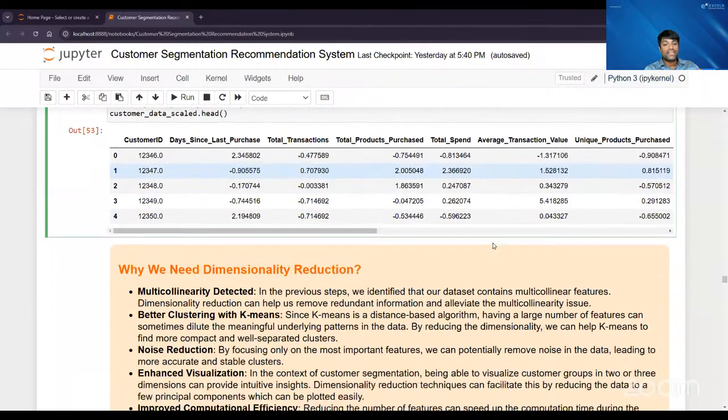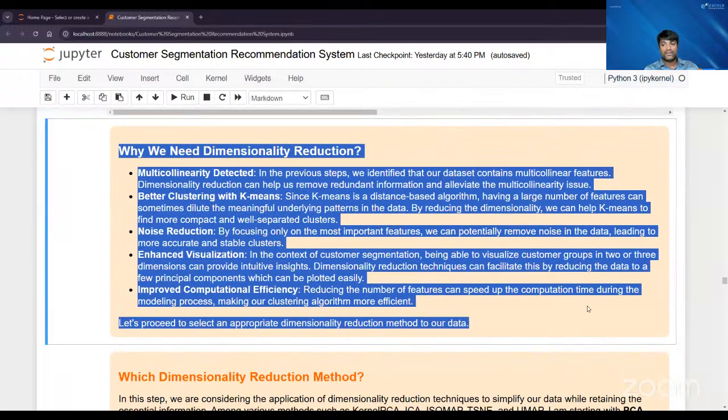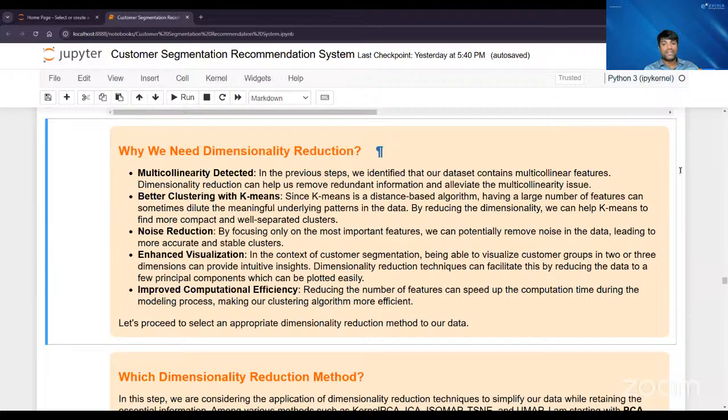So why do we need dimensionality reduction? I'm not going to dig deep, but the most important reason is so that the multicollinearity is reduced. As I already told you, multicollinearity is basically a measure to identify the correlation between the independent variables.